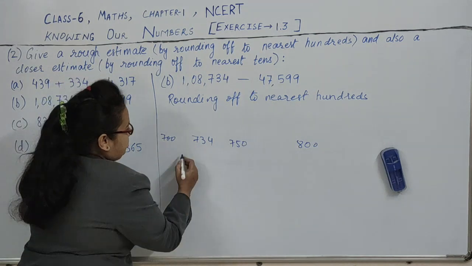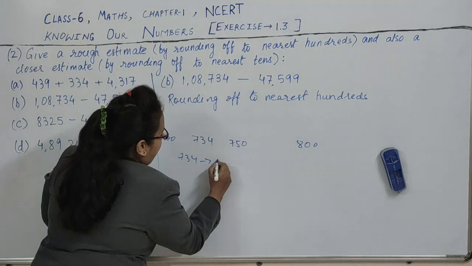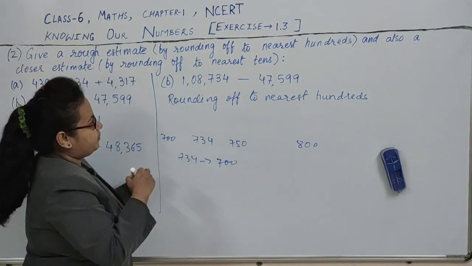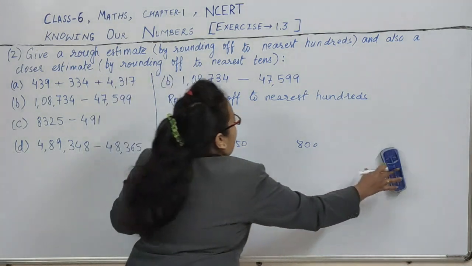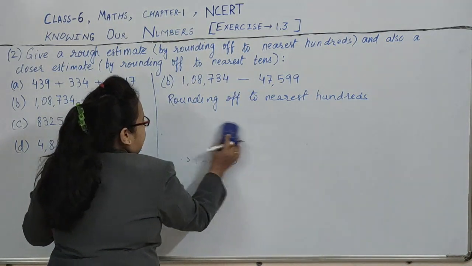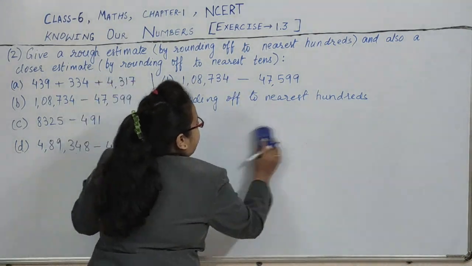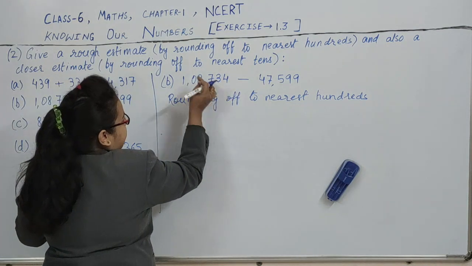So this will be rounded off. 734 will be rounded off to 700. So this number will be rounded off to, see, rounding off to the nearest hundreds. So we will take only these three digits, ones, tens and hundreds places.